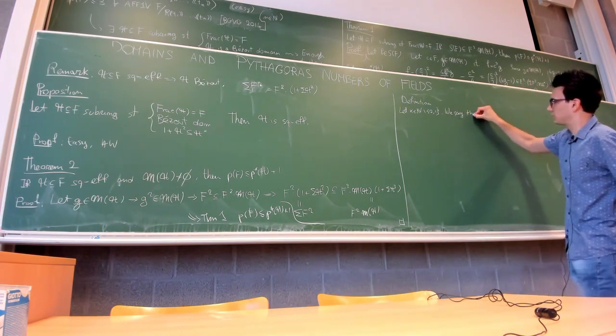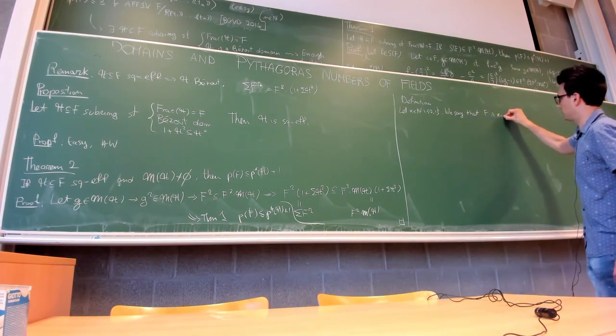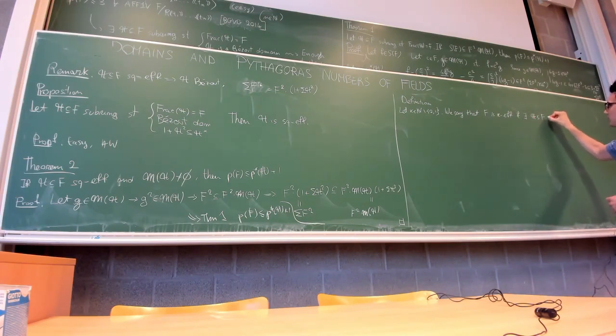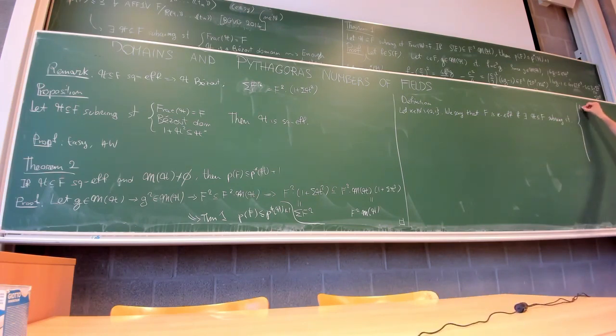We say that F is k effective if there exists a subring H of F such that F is the fraction field of H, as usual, H is semilocal, H is a Bézout domain.